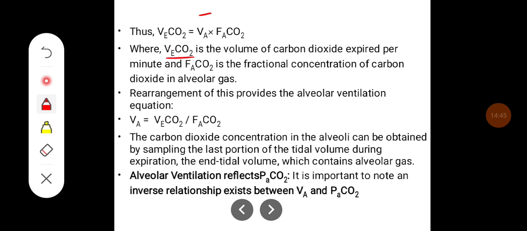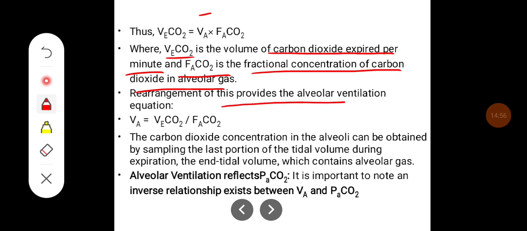Here, VeCO2 is the volume of carbon dioxide expired per minute and FaCO2 is the fractional concentration of carbon dioxide in the alveolar gas. Rearrangement of this provides the alveolar ventilation equation. So alveolar ventilation is equal to VeCO2 divided by FaCO2. The carbon dioxide concentration in the alveoli can be obtained by sampling the last portion of the tidal volume during expiration, the end tidal volume, which contains alveolar gas.